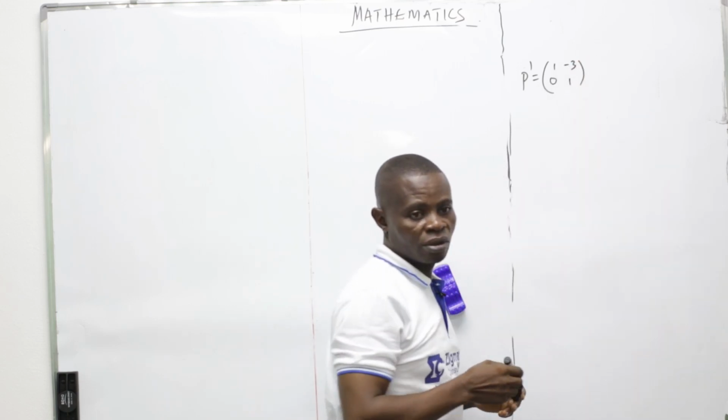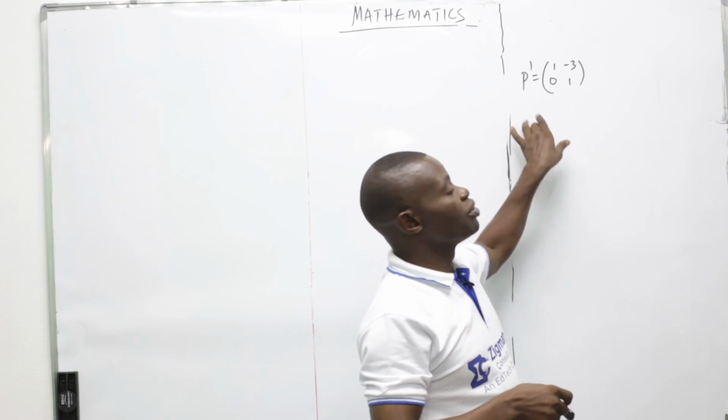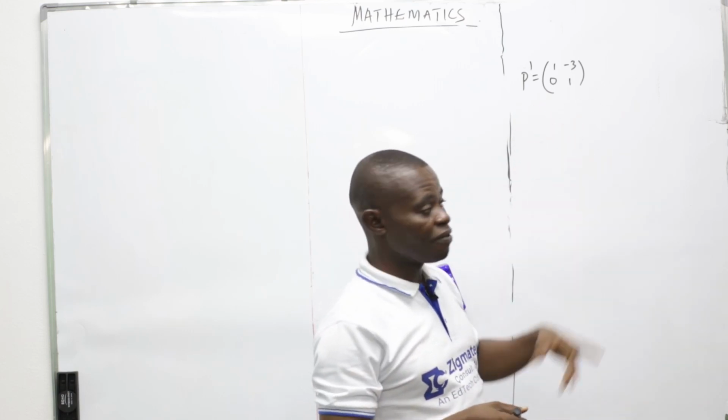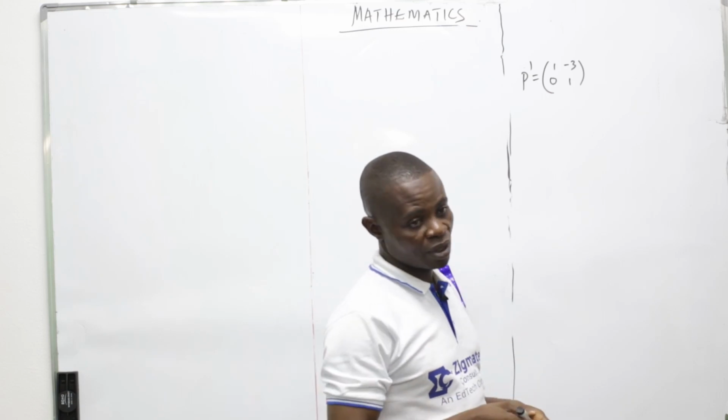Now the question is, find the original matrix P. The inverse has been given to us. Now find the original matrix P.